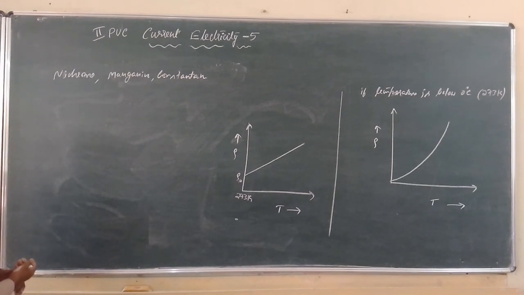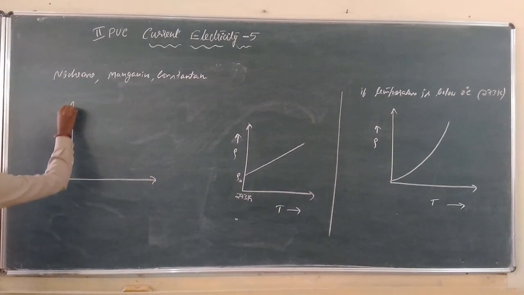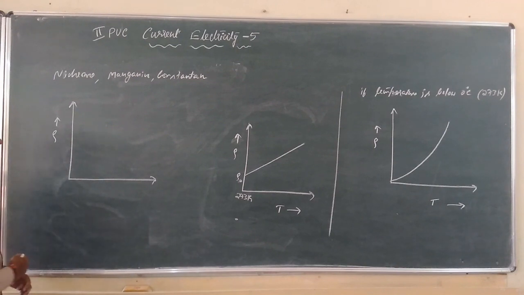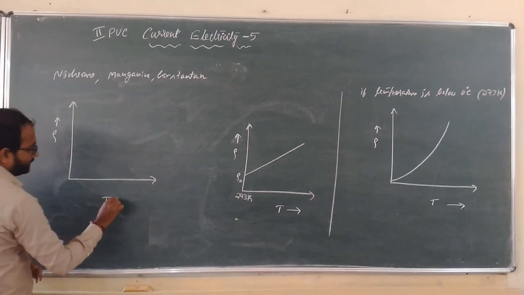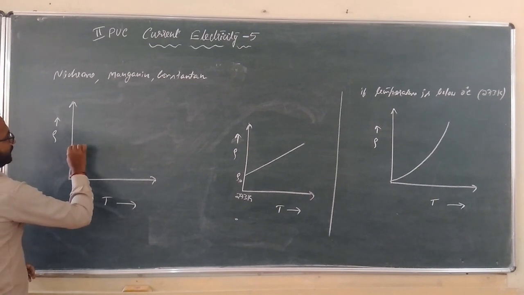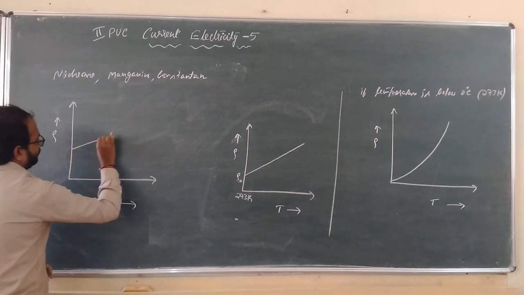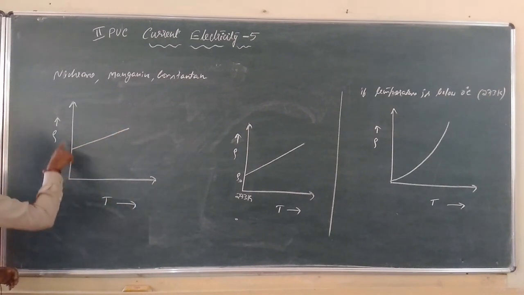If I plot a graph of the resistivity of these materials along the y-axis with respect to temperature, we get a graph like this. Say the variation is somewhat 0.1 to 0.2.